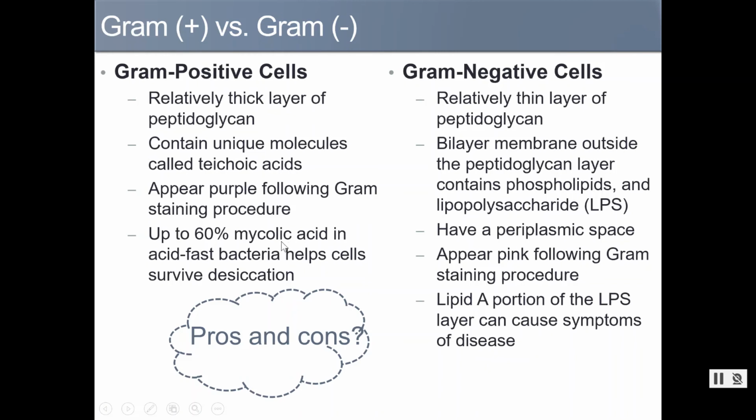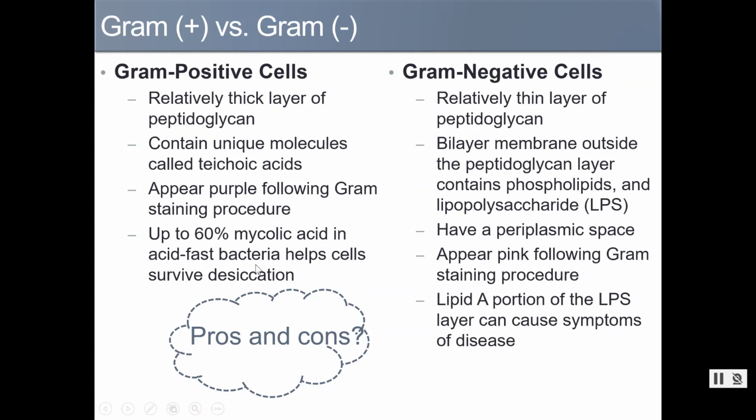There are also some bacteria that have this structure with the thick cell wall, but within that cell wall, they also have a high amount of another substance called mycolic acid. Mycolic acids interfere with the gram stain procedure. We classify this as a gram-positive cell, but we can't stain it using a gram stain, and we actually have to use an acid-fast stain to be able to see these.